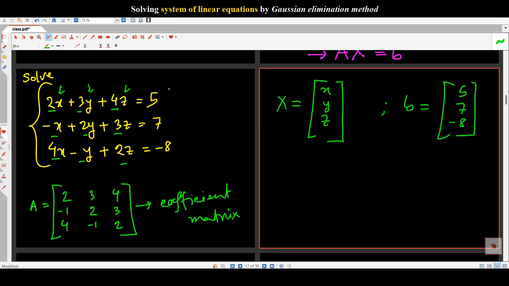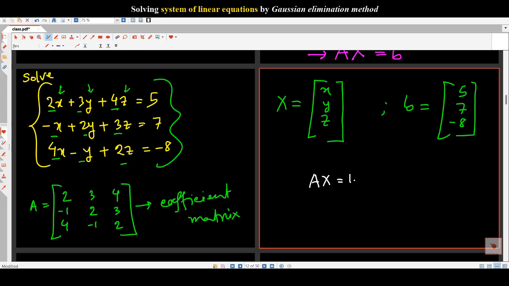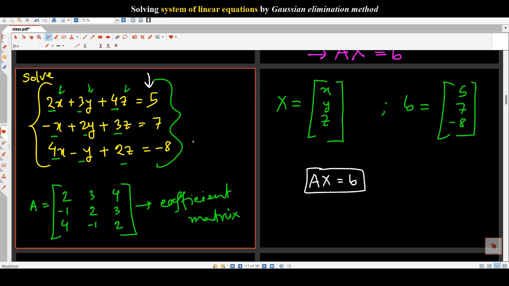Now the system that you can see here can be written in short form, AX equals B. This is a non-homogeneous system because the right side constants are actually non-zero. Here we have values. If all the constants of the right sides are 0, then that is known as homogeneous. So this is a non-homogeneous system.